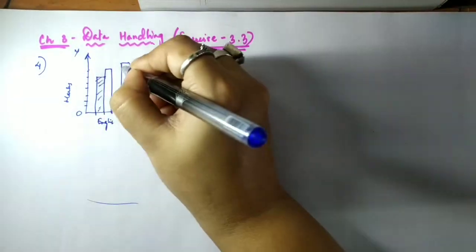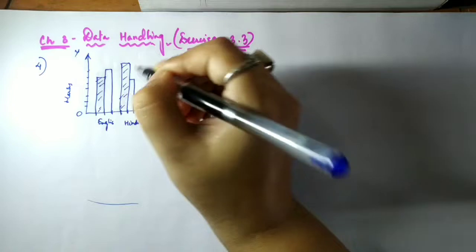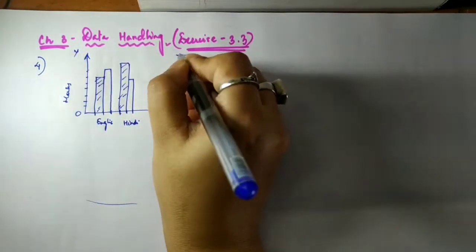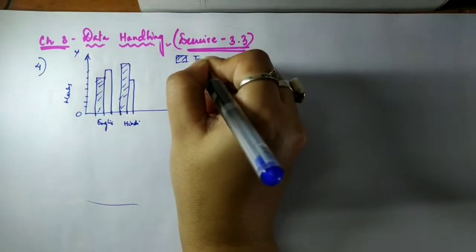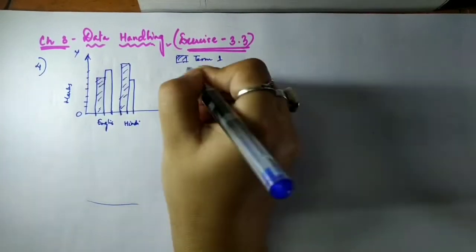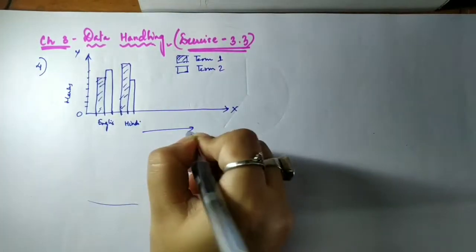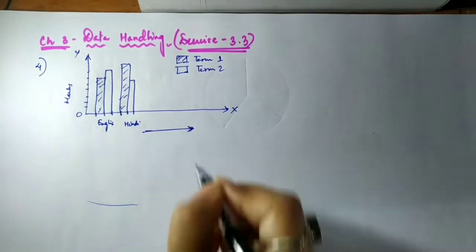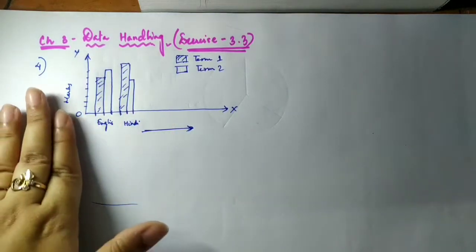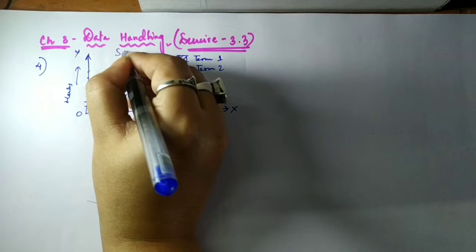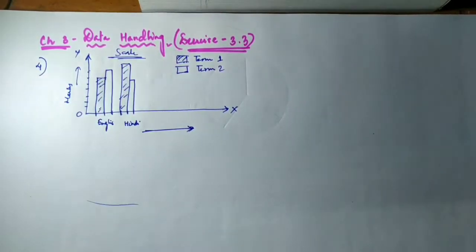I am shading one particular section and leaving the other section blank, so I can depict that. Suppose the shaded portion shows me the marks of term 1 and the blank portion shows me the marks of term 2. So I can represent all the subjects here and marks on this side, and I can write down the scale as required.